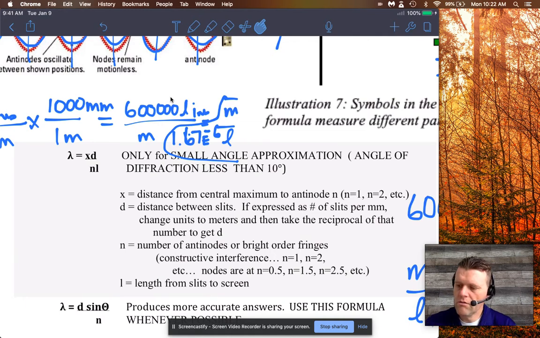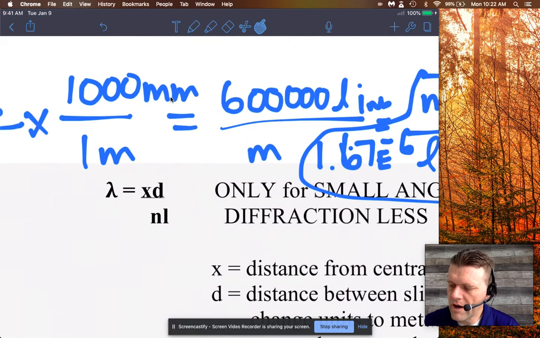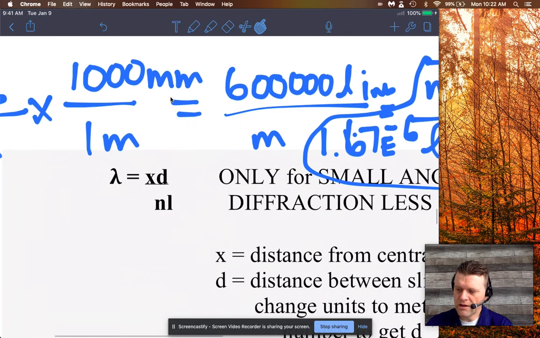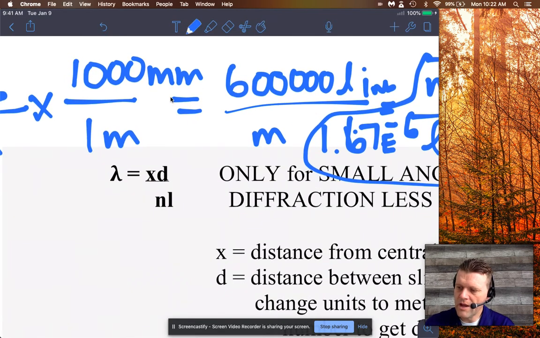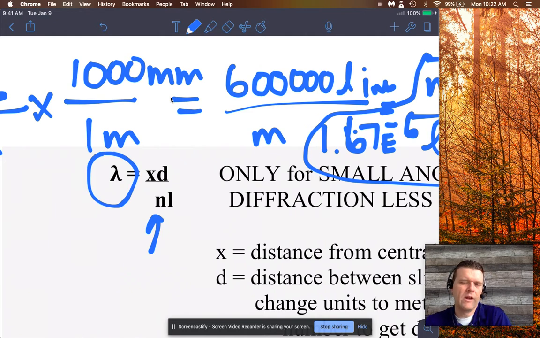So if you look at the formula here, X times D over NL, you'll basically get meters squared over meters because n is just a number here. So you're going to wind up with meters for your units for the wavelength, which is what we need. Okay, so as long as everything's in meters, it'll work.